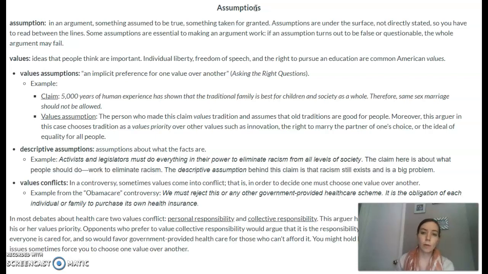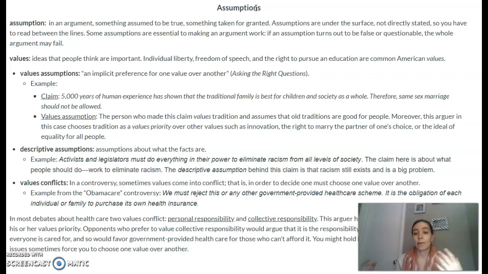So just a reminder, assumptions are something that's taken for granted. It's assumed that you're on the same page with another person rather than explicitly stated. It's something that is not necessarily explained or reviewed.